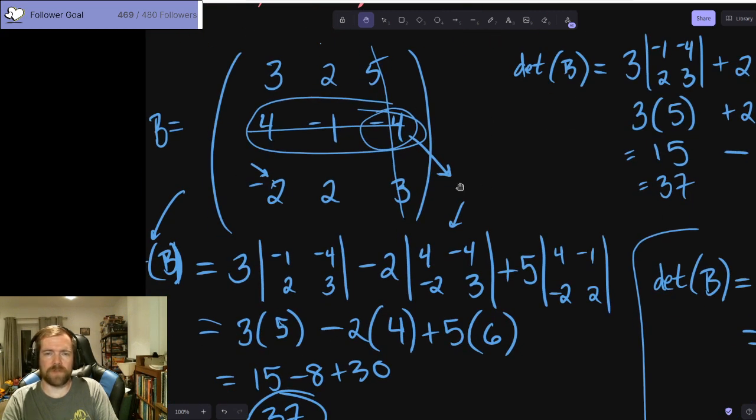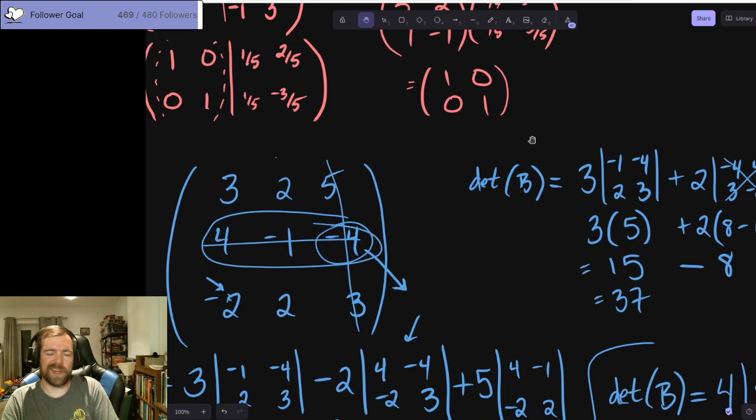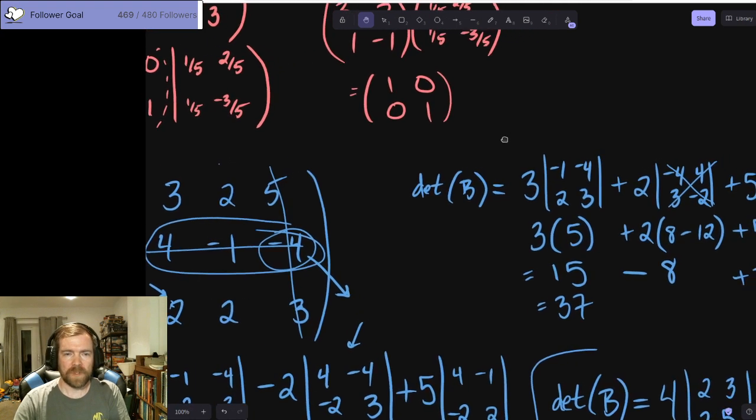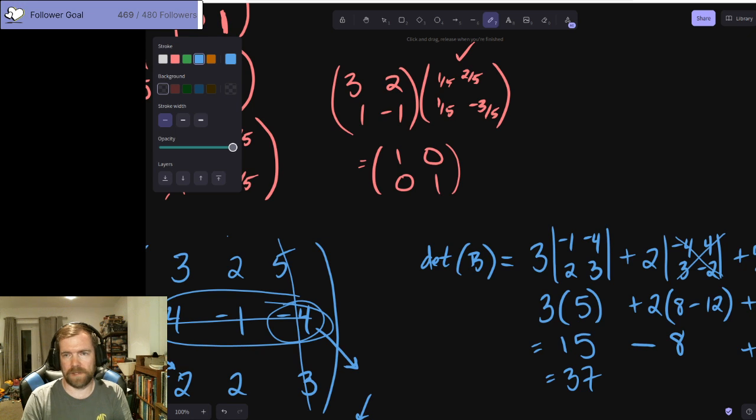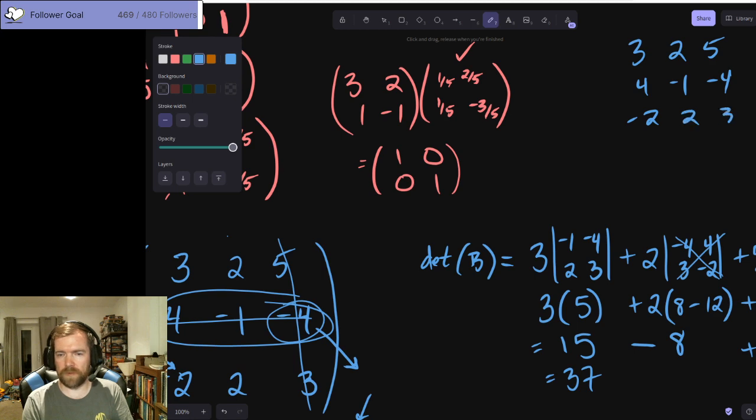Finding the inverse of a 3 by 3 isn't really any harder. It's just scaling up finding the inverse of a 2 by 2 by using row reduced echelon form. So I'm going to do the exact same thing and say, all right, this is going to be 3, 2, 5, 4, -1, -4, -2, 2, and 3.